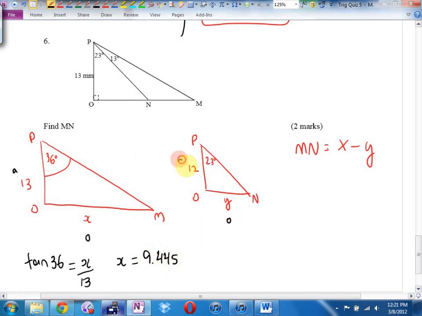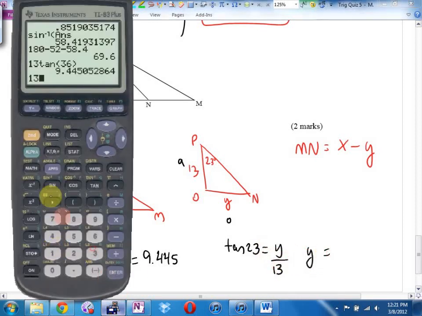Opposite, adjacent, except why did I put a 12 there instead of a 13? There, fix that. I'm going to have tangent of 23 equals opposite over 13. 13 times the tangent of 23 equals that, 5.518.